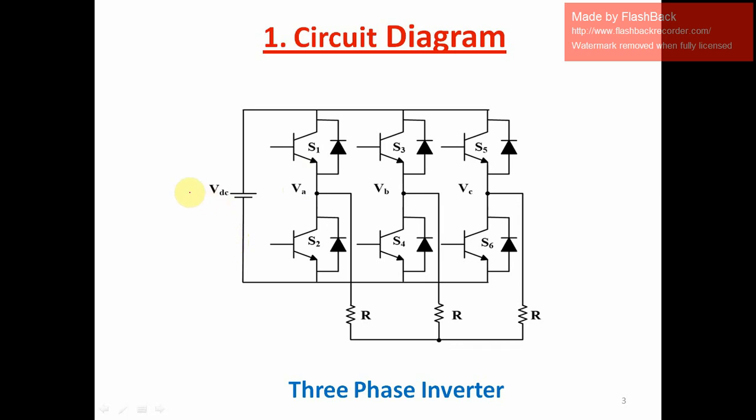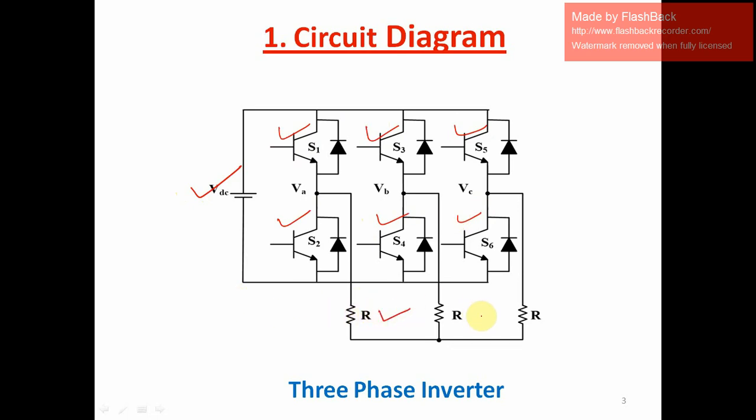This circuit diagram contains VDC, then there are 6 switches, right? I will give a brief explanation of this circuit diagram, and then we'll move ahead.